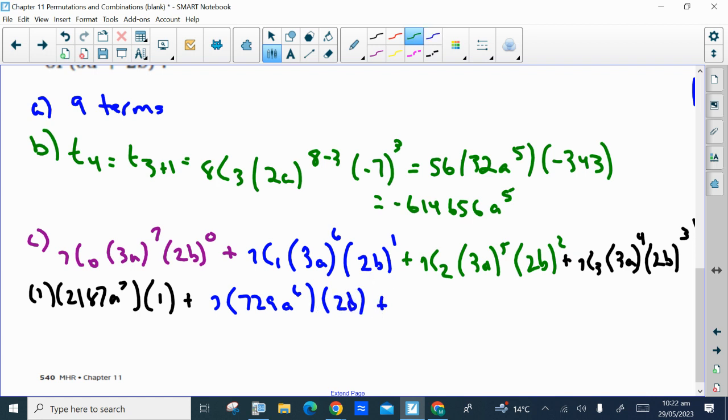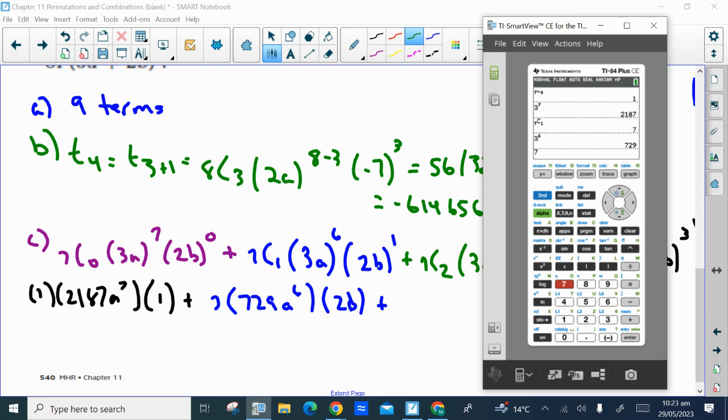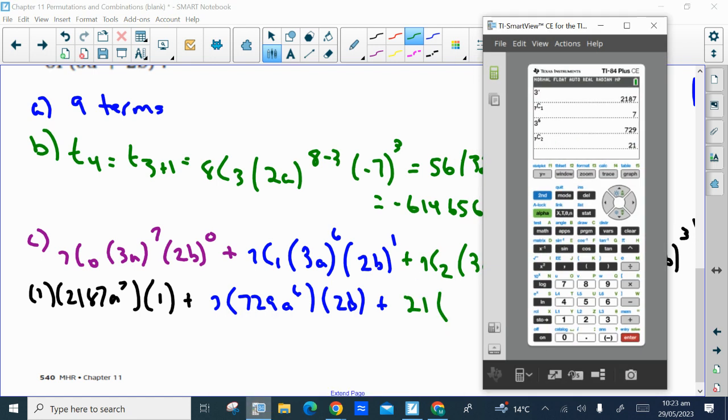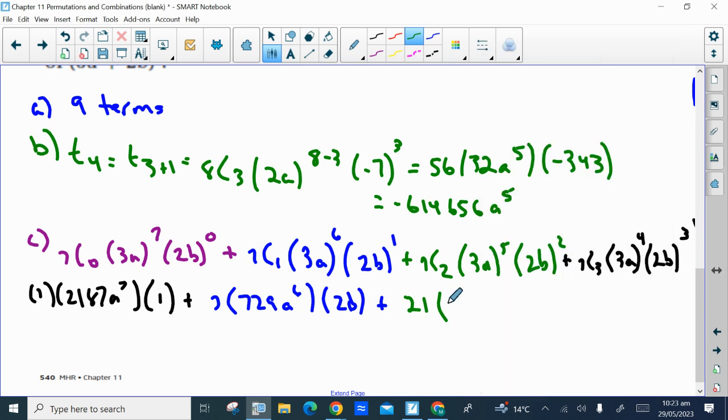Plus, the next term, 7c2 is 21. 3a all to the 5th. 3 to the 5th is 243. And 2b all squared is 4b squared.